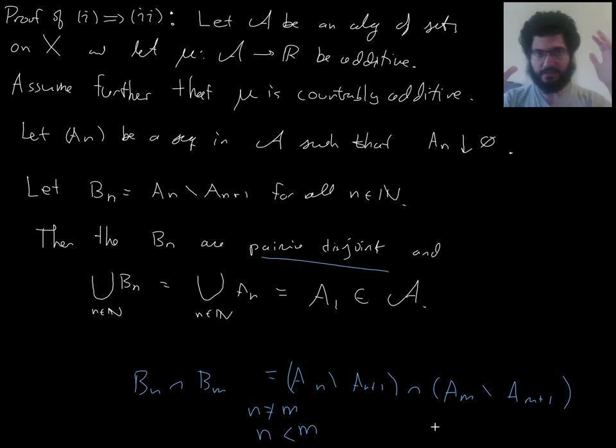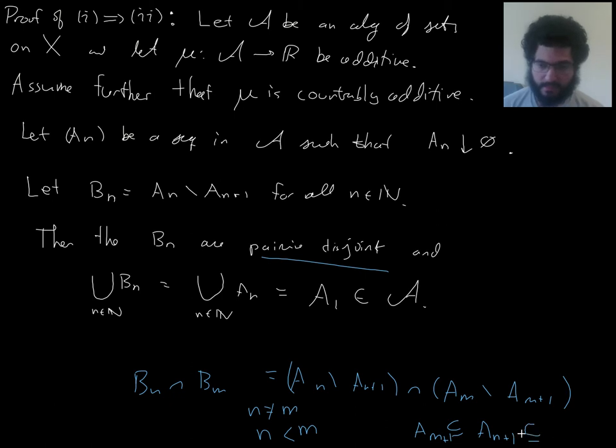So let's see, these sets are shrinking. As I increase the index from n to m, the later set A sub m is included in the earlier set A sub n, right? That's the sort of nesting that's contained in the down arrow information here. And the same is true if I look at m plus 1 and n plus 1 here, which I think is where I want to look.